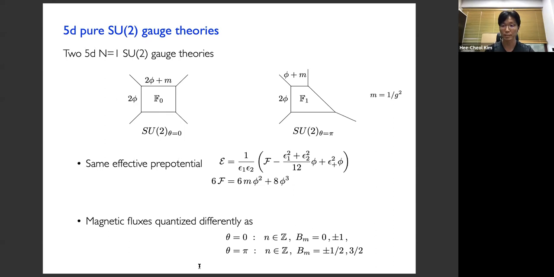As I said, F0 has an instantonic state which is a vector multiplet. On the other hand, F1 has a hypermultiplet instantonic state. So this flavor symmetry is basically the U1 topological current for the instantonic state. For this flavor symmetry, the magnetic flux for the theta equals 0 theory should be integrally quantized. On the other hand, the theta equals pi theory has half integral magnetic flux.